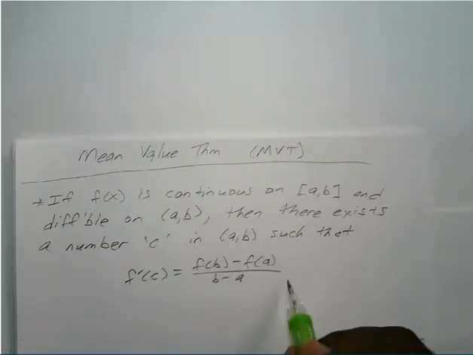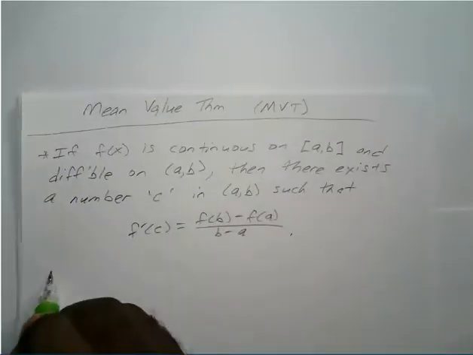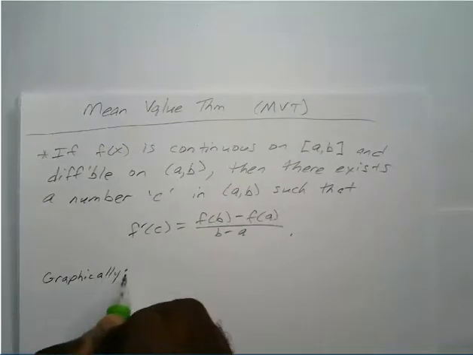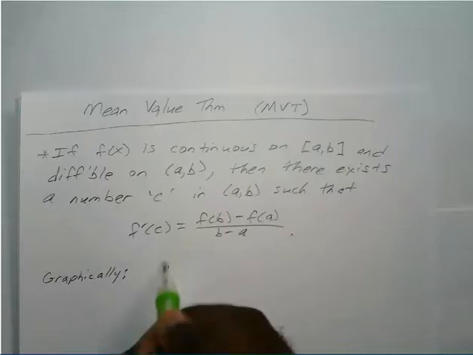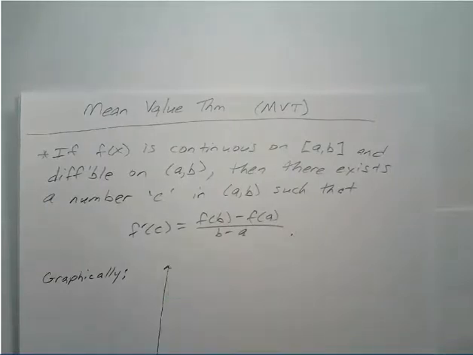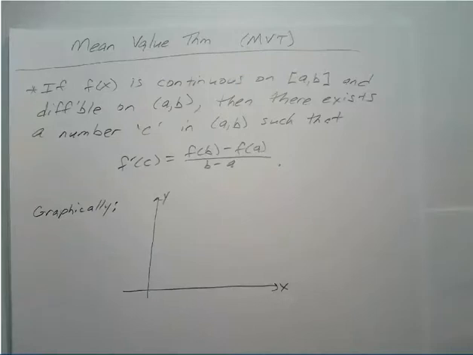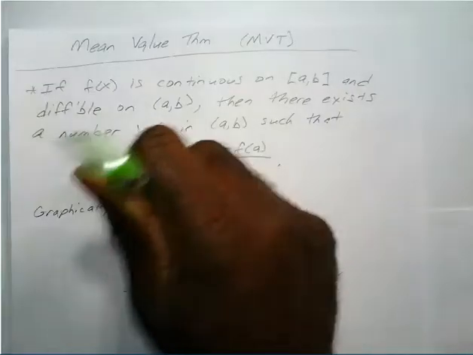Alright, so to explain that graphically, let's say we draw our xy axis. X and y. My y-axis is a little crooked. Let me straighten it out just a smidgen.